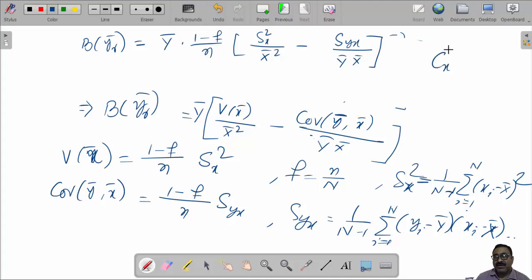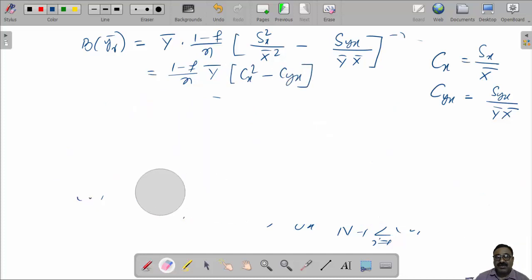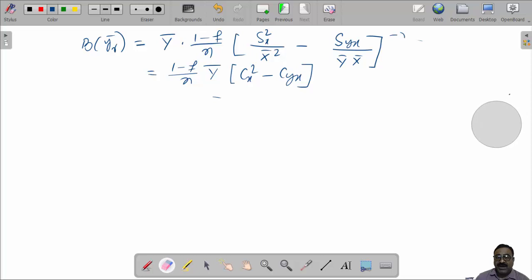Now if you denote cx square equal to sx square by x bar square and cyx equal to syx by y bar x bar, then this bias will be equal to 1 minus f by n into y bar into cx square minus cyx. So this is the expression for the approximate bias of the ratio estimate.